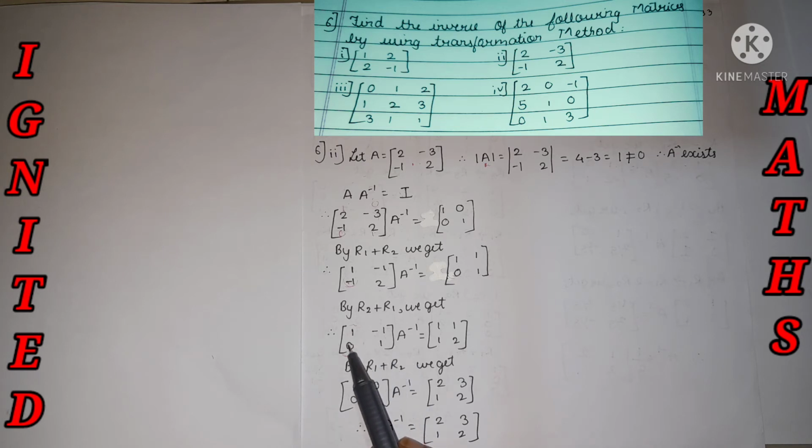Now over here 1 0, over here also 1, absolutely all right. Over here we need to bring it to 0. So how can I bring it? -1 plus 1 is nothing but 0. So by R1 plus R2, can I take it as 0? And this is in the form of 1 0 0 1.